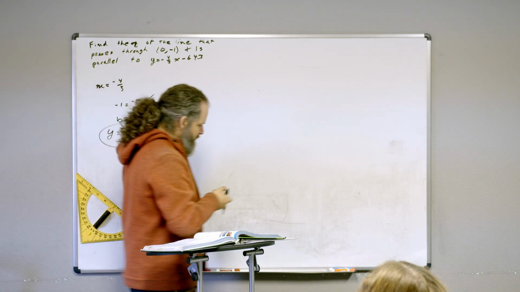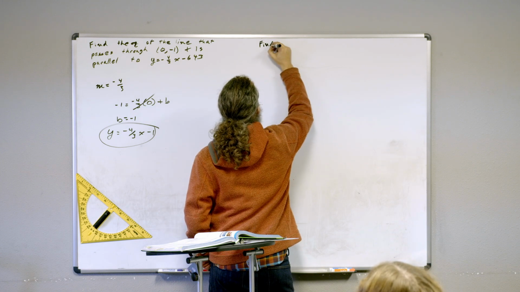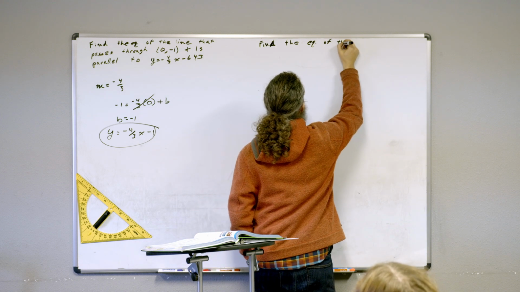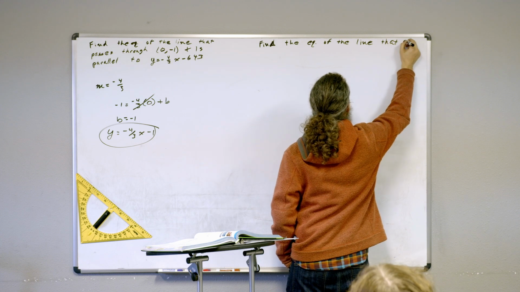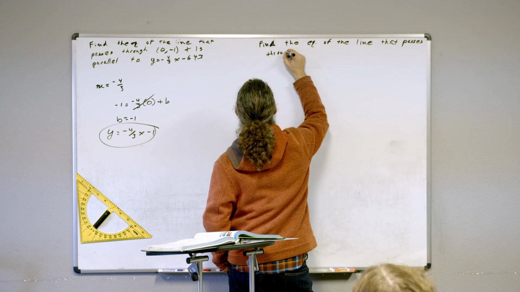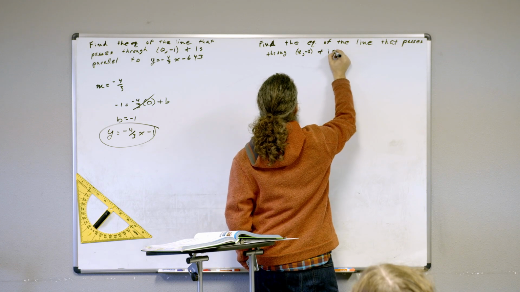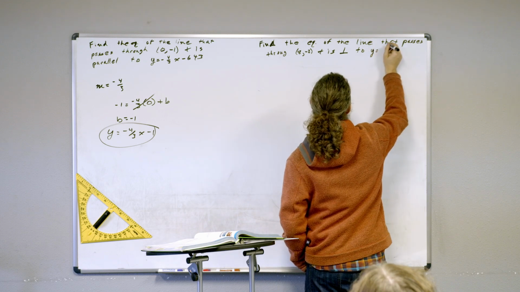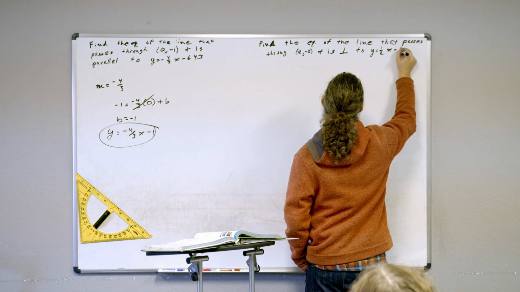Okay, you might also possibly have one like this. Find the equation of the line that passes through (8, -2) and is perpendicular to y equals 1/2 x minus 4.